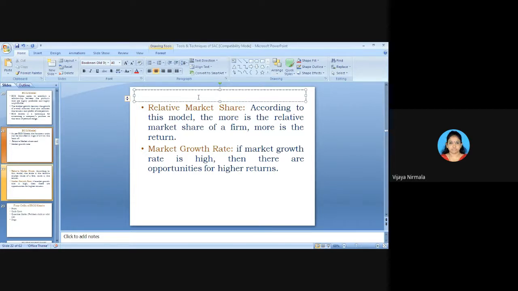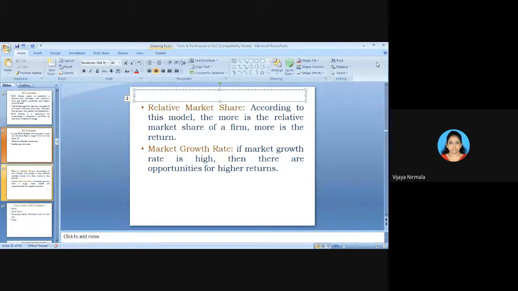So in some situations, companies also get profits even though their market share is low. If the production is more, they can enjoy more returns, right? But in some situations, they can also get higher profits even with low market share. Okay, so that is about relative market share.